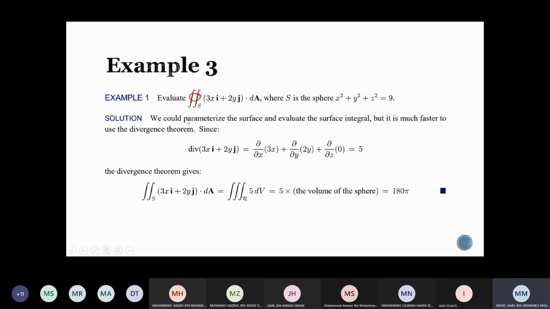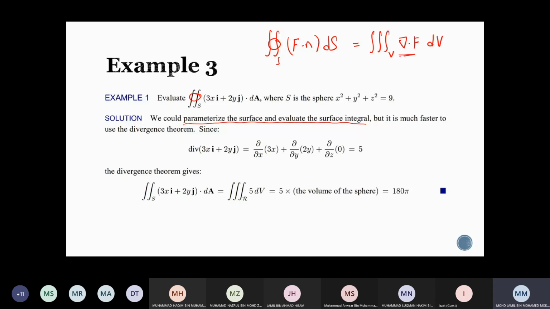You can use this method, but it is a tedious method. The calculation is long. So to make the calculation much faster, you can use the divergence theorem. We know that the flux equals the triple integral of the divergence of F.